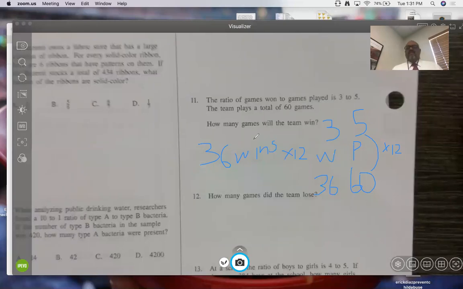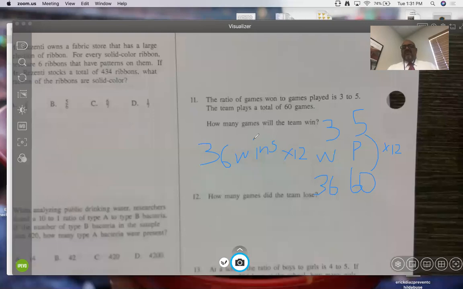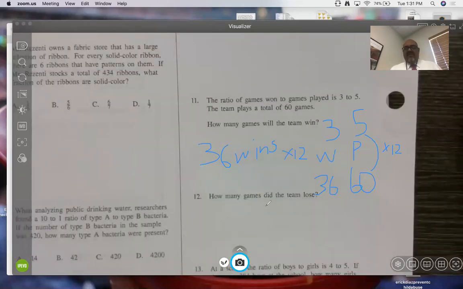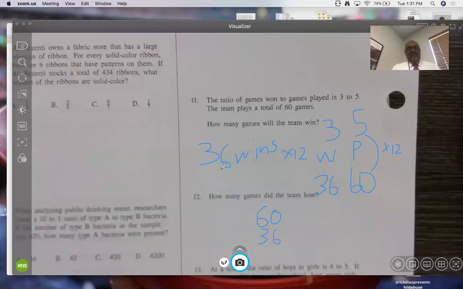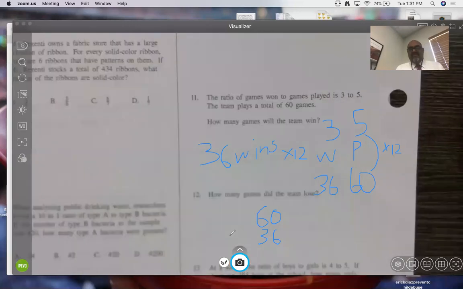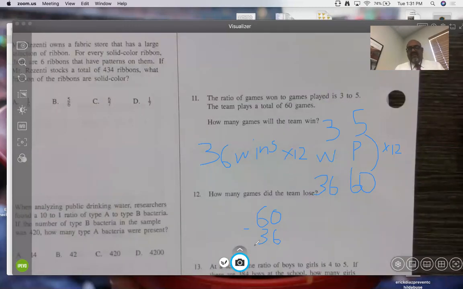Okay, make sense? In that part, how many games did they lose? You guys think of how we get to that? Well, we know they've played 60. We know that they've won 36. So what math problem do you think that is? Subtraction. So all you do is subtract these two out.